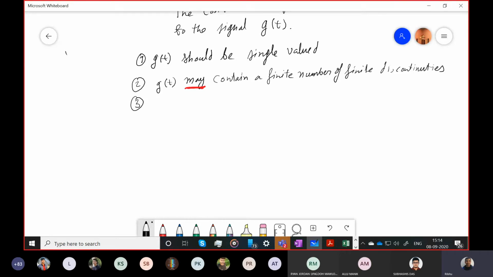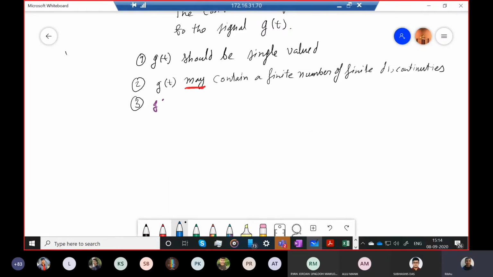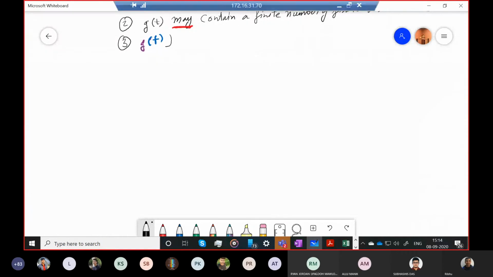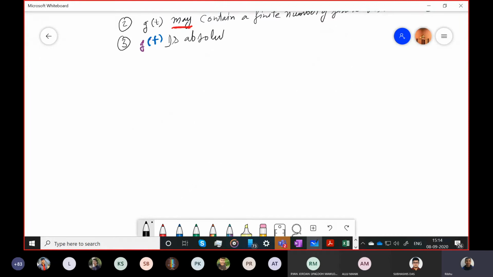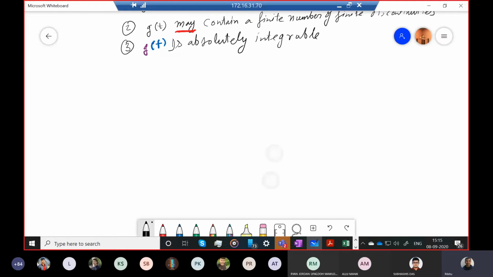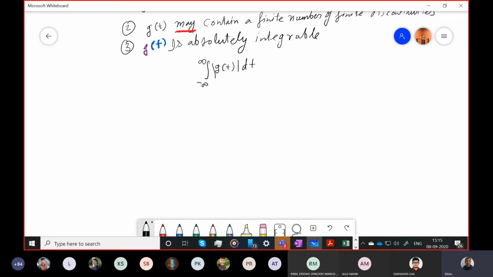And 3, g(t) is absolutely integrable. That is, the integral from minus infinity to infinity of |g(t)| dt is less than or equal to some M, where M is strictly less than infinity.